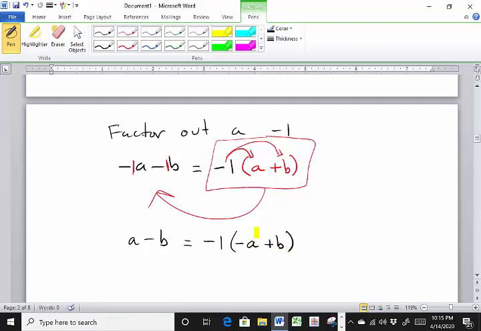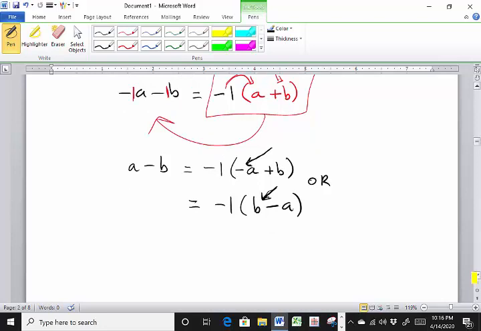And a lot of times what will happen, you'll see in your result that the negative can be switched, or you could reverse these terms and write it as -1 times b, so the positive term is first, so b subtract a. It's the same thing. So I'll just say this or this will work. Okay? Either one is acceptable, but it's kind of common just to write the positive value first. All right?